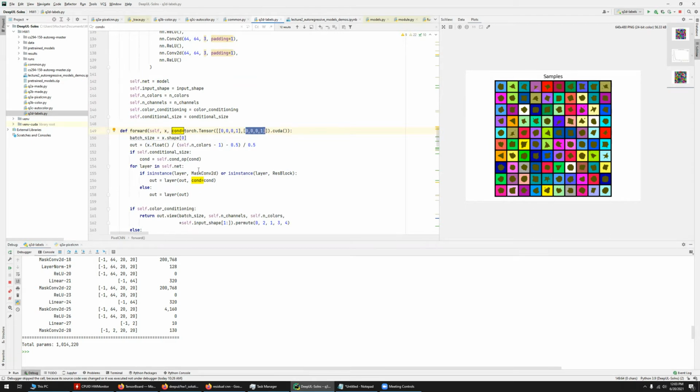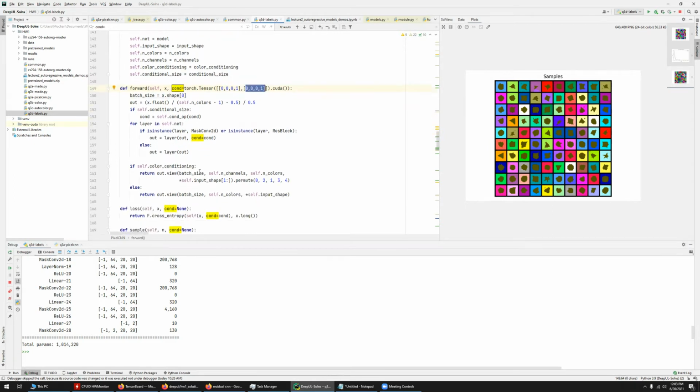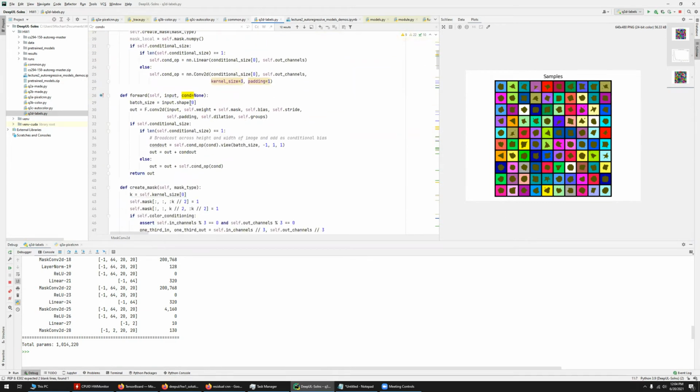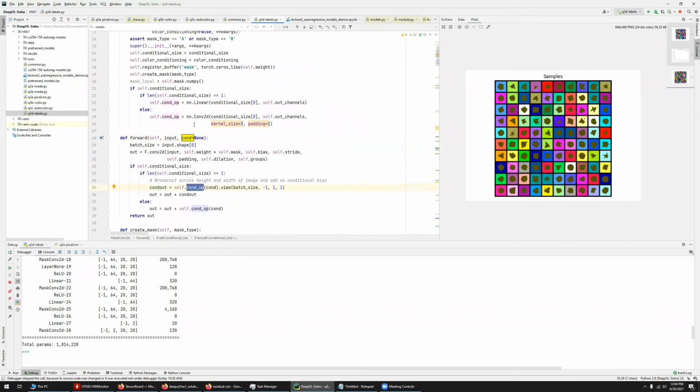So we send the condition, and this goes into the layer, which is the MaskConv2D. So that's where it gets used. So here's the condition. If we're using a condition and it's size 1, you do something called the condition operation, and in our case, we just do a linear.